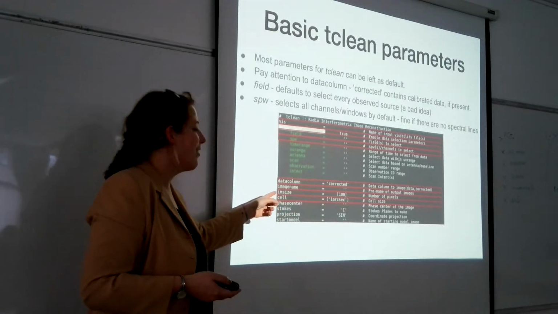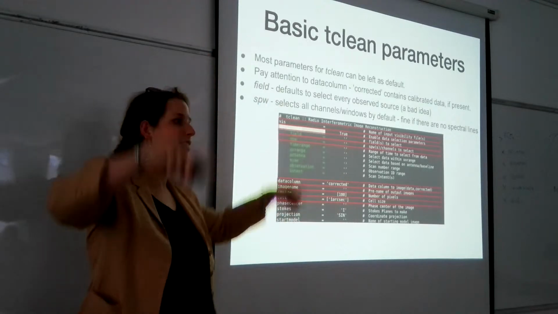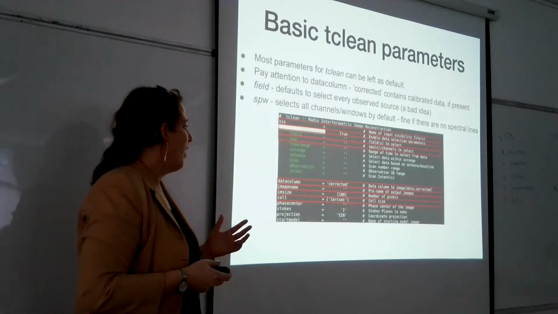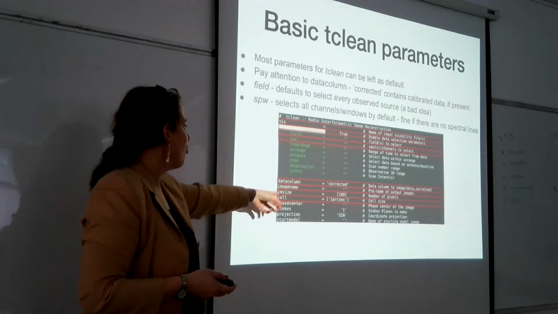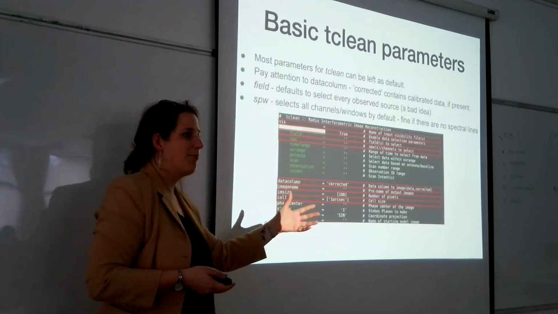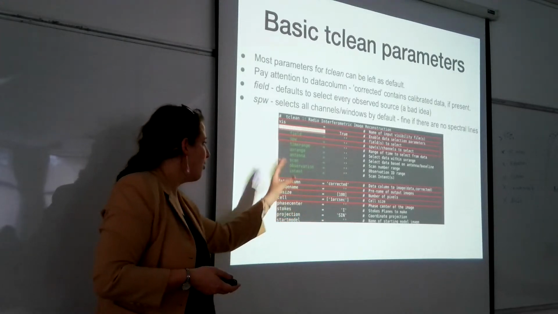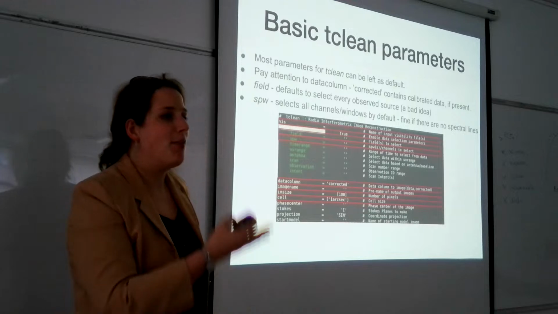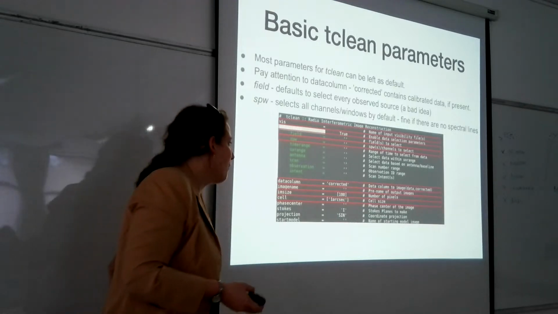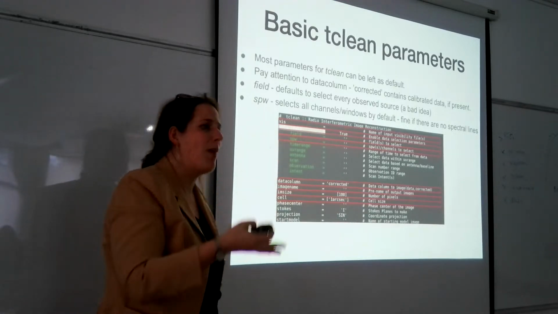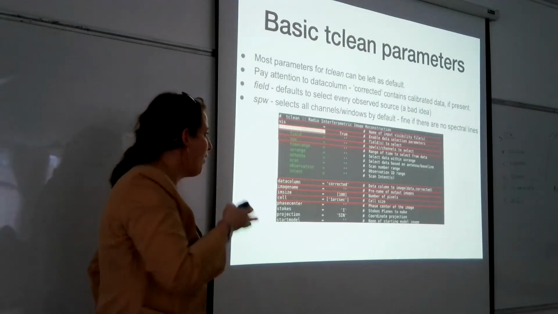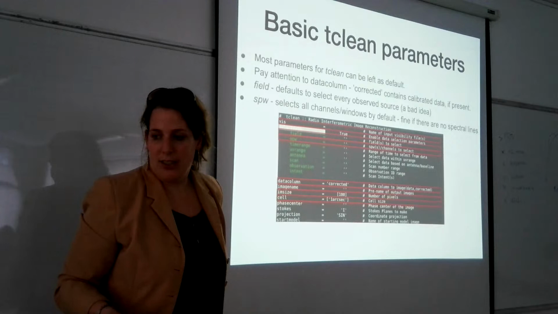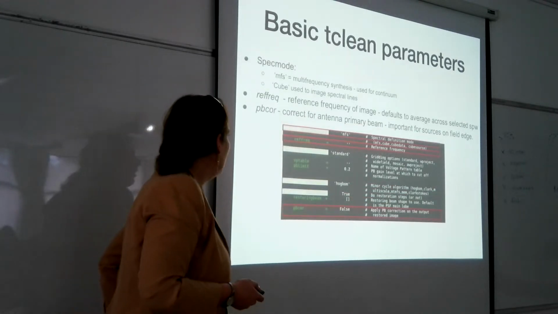And then for your image size, you need to think how large is my disk going to be, how large do I want to make my image. My default is to set that to 400 and set the cell to about a quarter of the beam size. That will give you a reasonable looking image. But sometimes you have to play a little bit with that, trying a few parameters before you get the image that you're looking for.